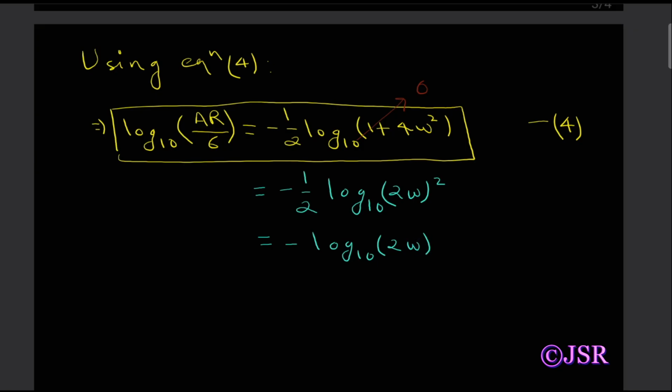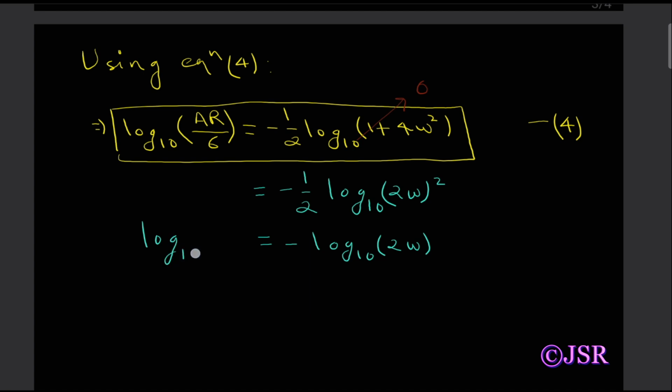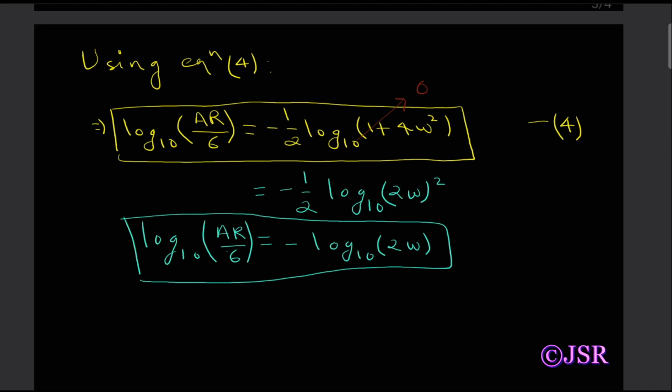Here tau is the time constant of the process. So the equation for the high frequency asymptote is log 10 AR by K equal to minus log 10 of tau omega.